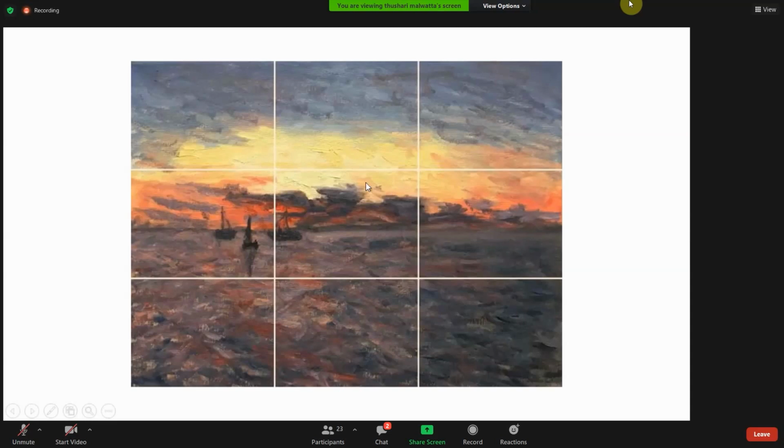Okay, and even the rule of thirds is described as we are not composing it in the middle, but in 1/3 of the frame. So even these three ships or whatever, they are also placed in 1/3 of this whole frame.